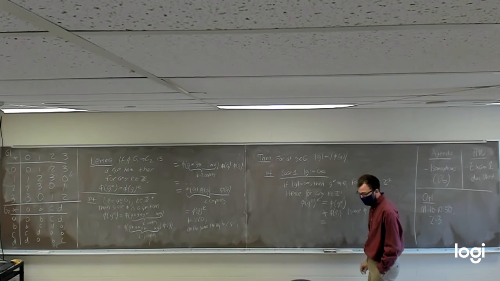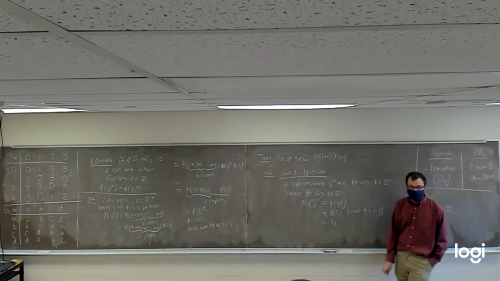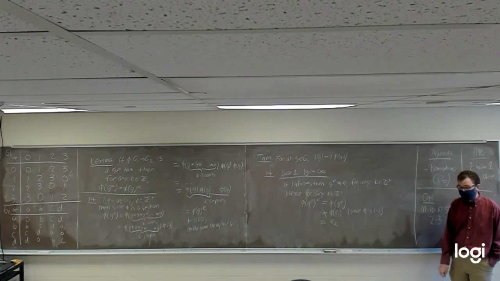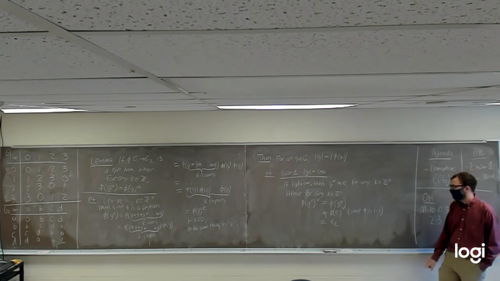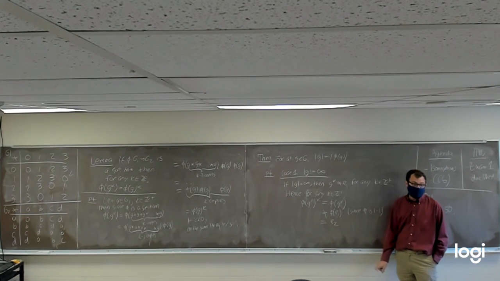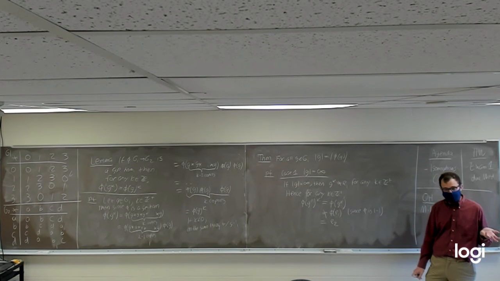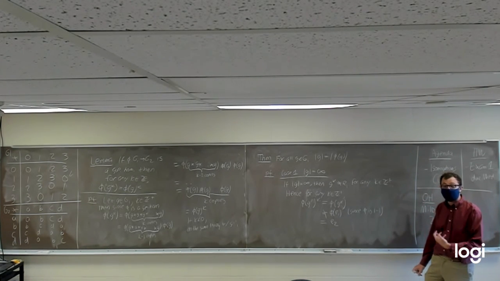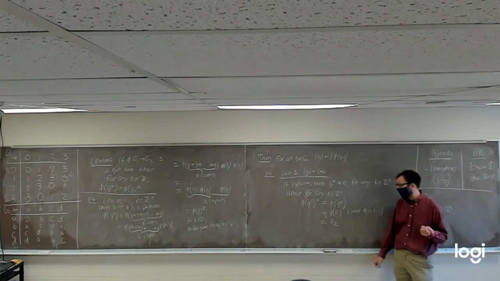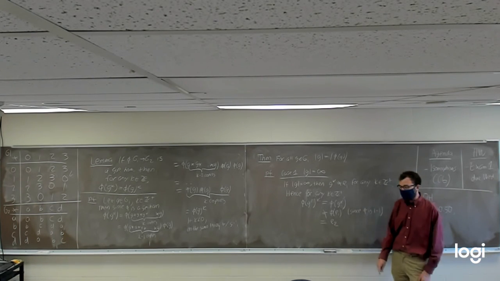Well, phi of E1, we know from property number 5, has to be the identity element in the second group. And so this then tells us that phi of G to the K power can never be equal to the identity element in the second group. So if we're going to take phi of G star phi of G star phi of G over and over again, we're never going to get the identity element of the second group.